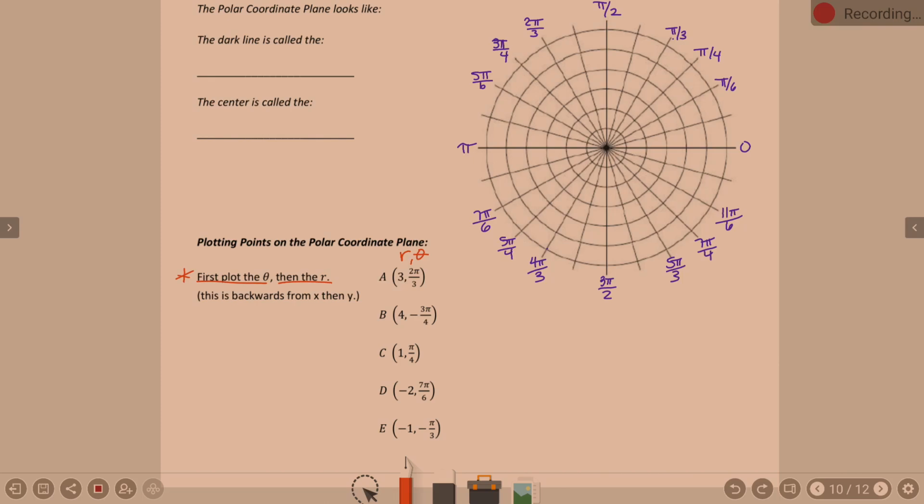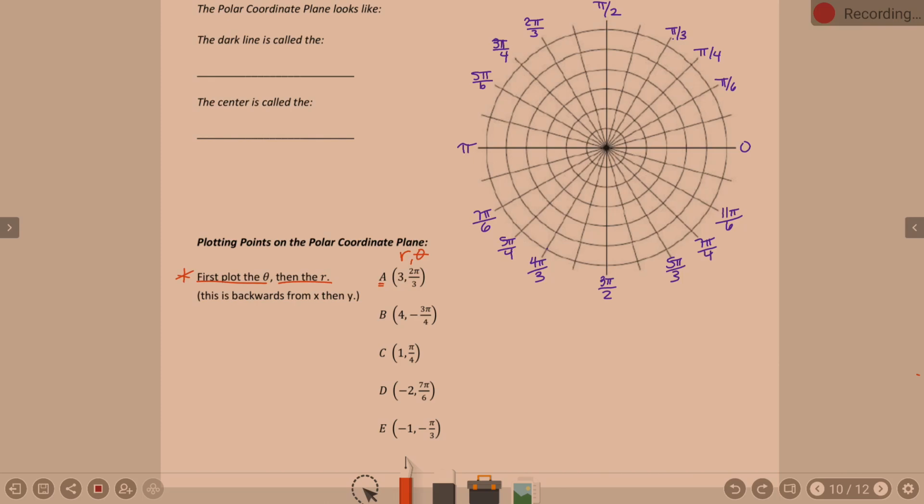So for point A, 3 comma 2 pi over 3. First, you find 2 pi over 3. So where is 2 pi over 3? Okay, so 2 pi over 3 is right here. This is why we labeled, yes? Now I don't do anything, but I find that angle. This 3 says a radius of 3.